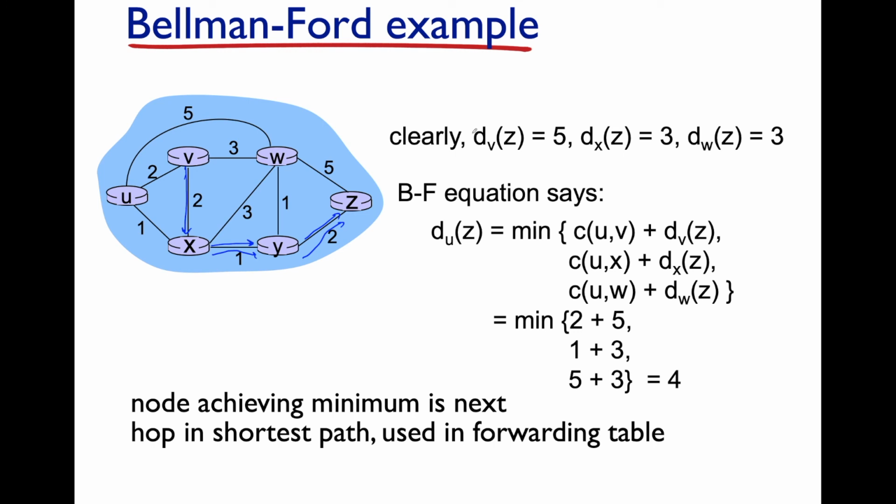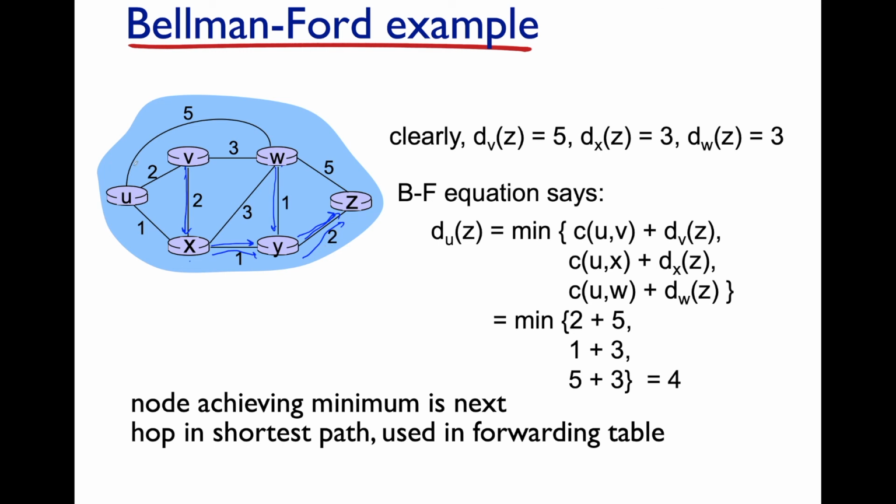And to get from w to z is going to be 3, right? That least cost path. So that's w down here, cost of 1, to z, that's 3. So we have these distance vectors in node v to get to z, node x to get to z, and node w to get to z. We know what those costs are.